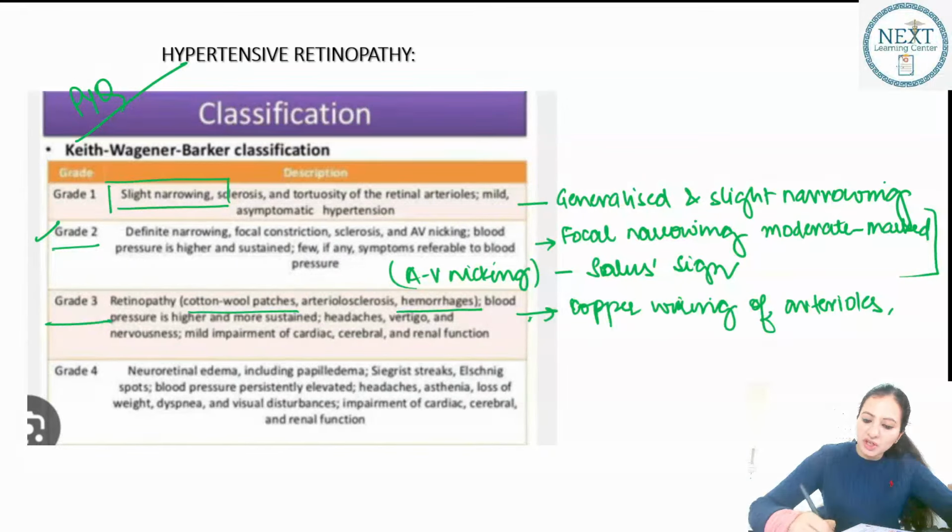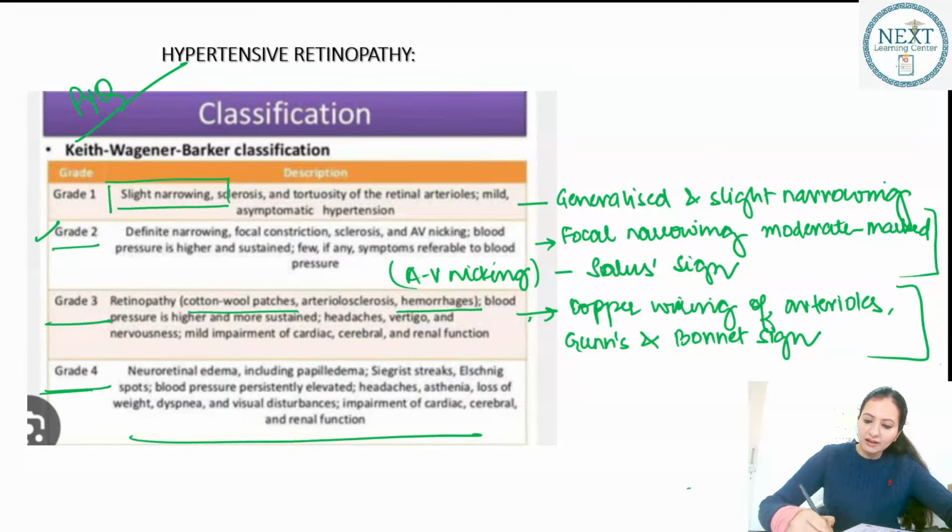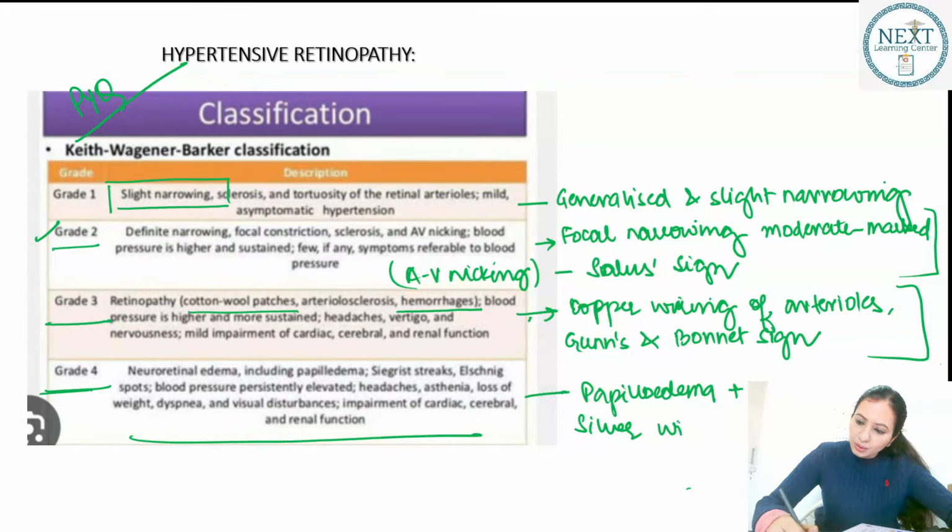Apart from it, the patient can have Gunn's and Bonnet sign. Then grade 4, the patient will have papilledema, that is bilateral optic disc edema, along with silver wiring of arterioles. Yes, Surbi, you are absolutely right.